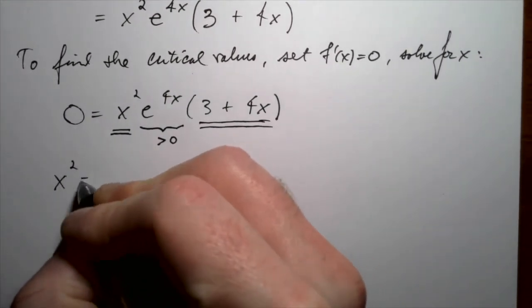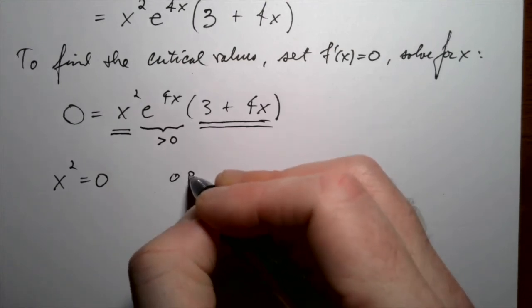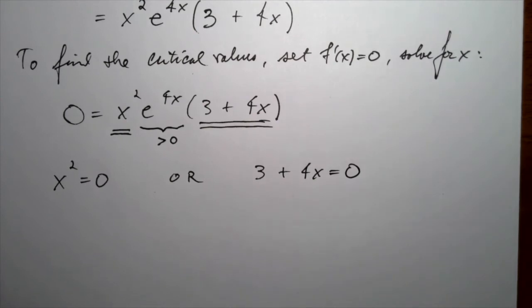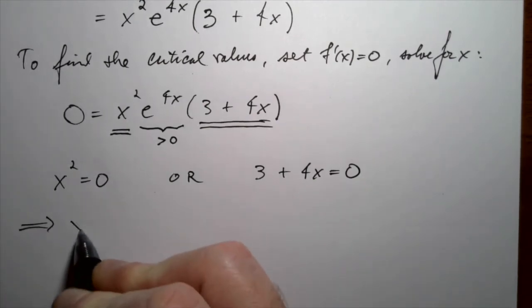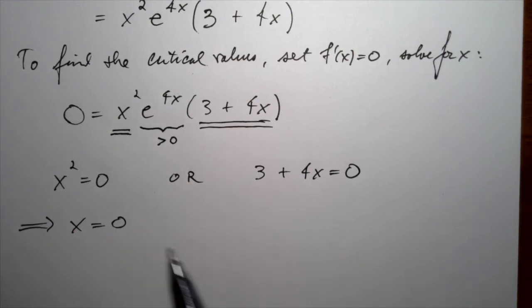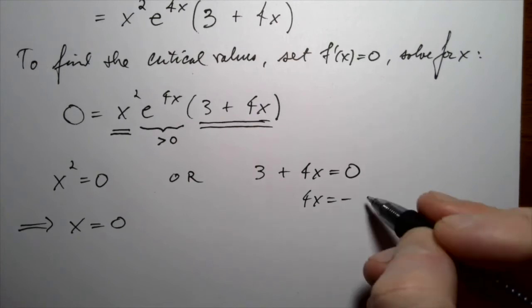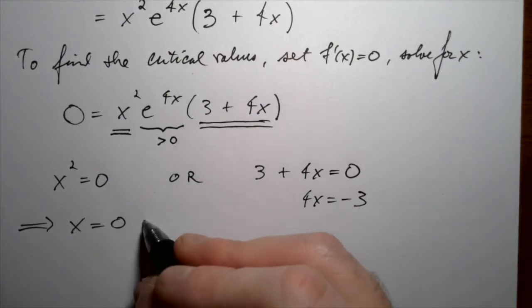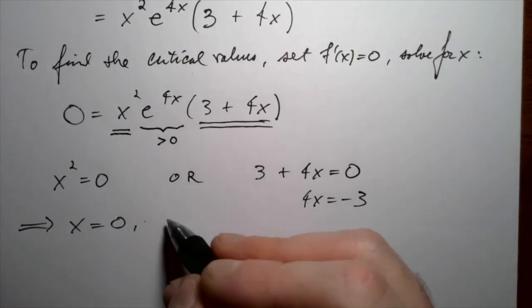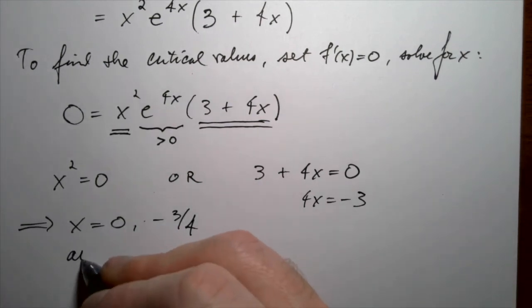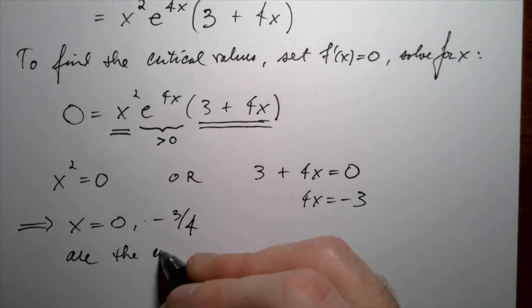So either x squared is equal to 0, or 3 plus 4x is equal to 0. So in the first case, the x value is obvious. It's just 0. What about 3 plus 4x? Well, it's the same thing as 4x equals minus 3. And so the other critical value is minus 3 over 4. Those are the critical values.